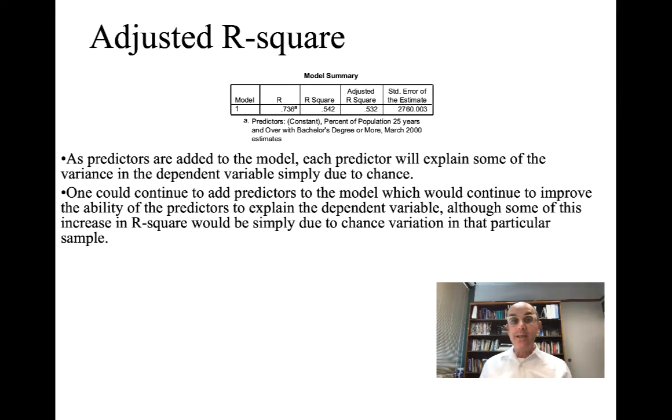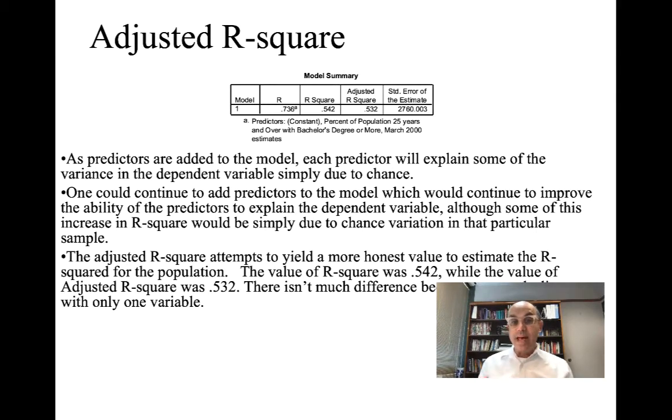In this example, the R square is 0.542, and the adjusted R square is equal to 0.532.